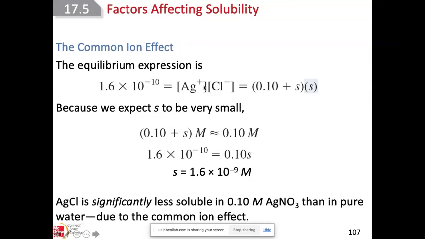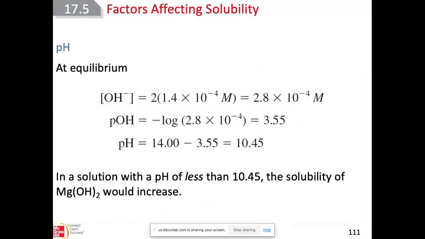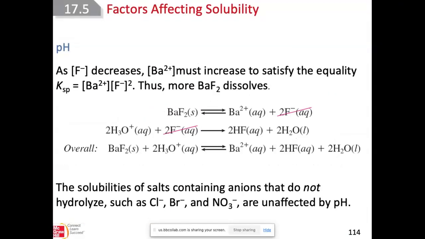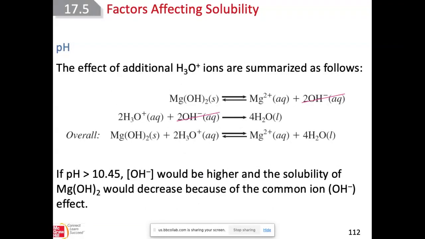According to Le Chatelier's principle, since you have the same Ag+, the reaction will move to the left, and less of that will actually dissolve. So this is the same type of calculation that we perform right now, and I want you to go over that and address that.